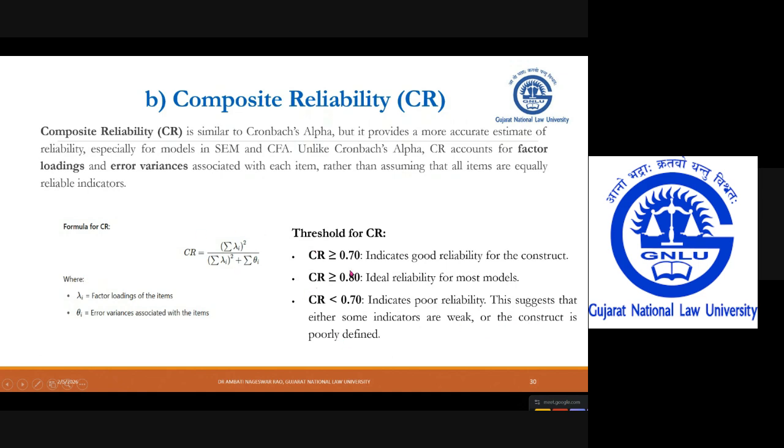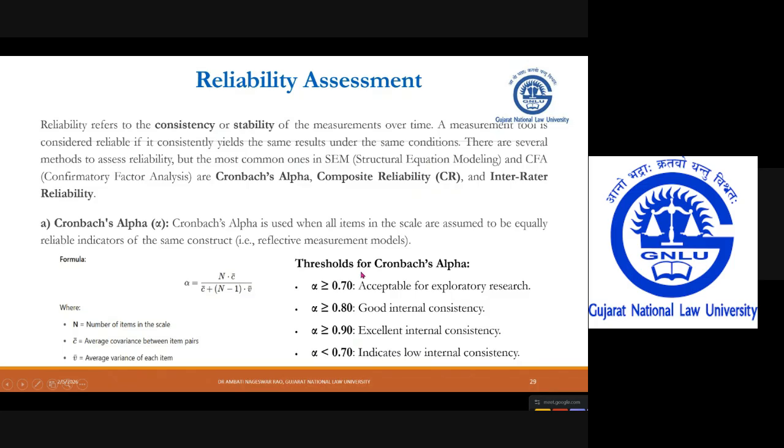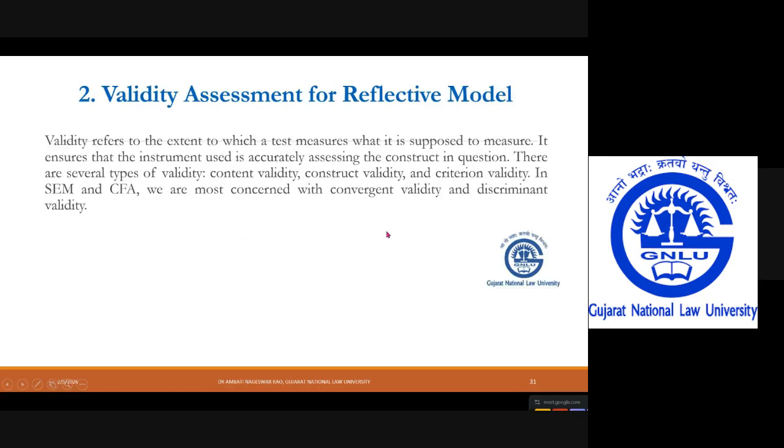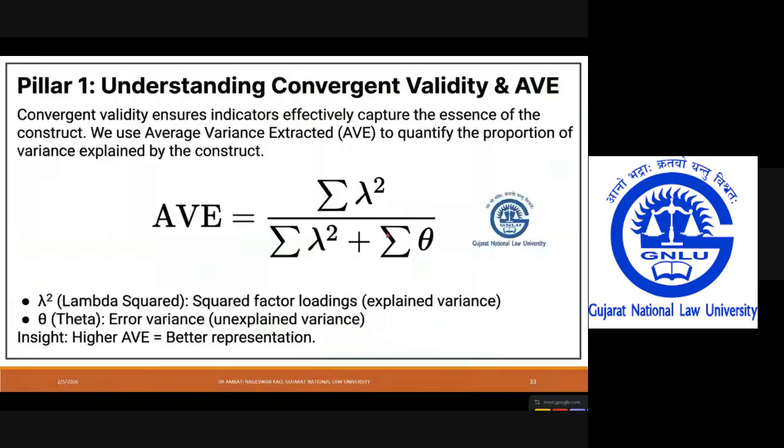Now the question is, when it comes to Cronbach alpha, we have certain values and a certain formula. We get item-wise what kind of internal consistency we have. Now the point is, when it comes to composite reliability, how are we going to measure it?